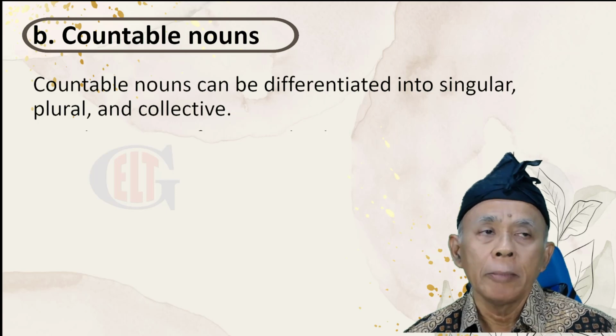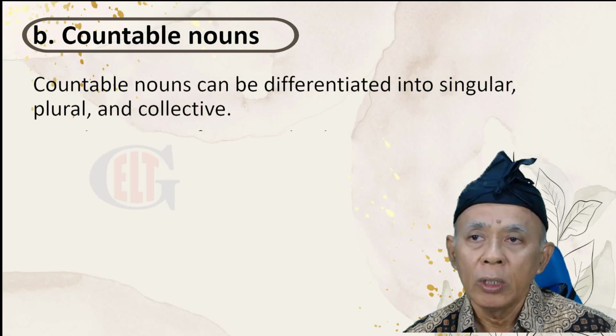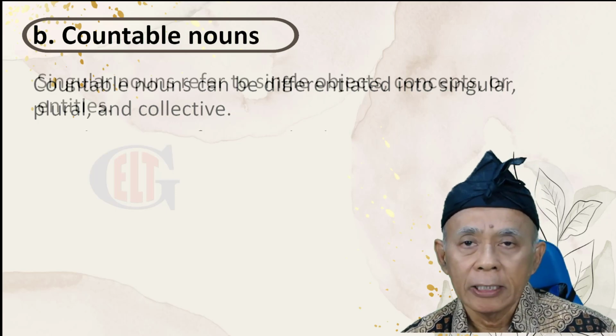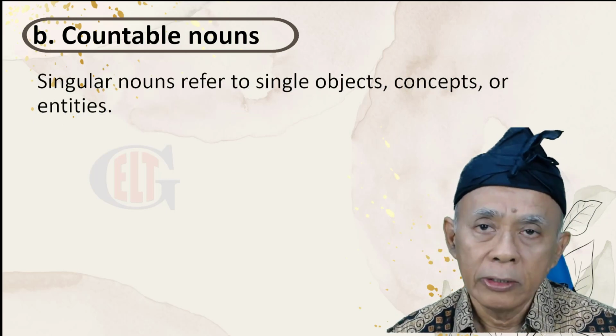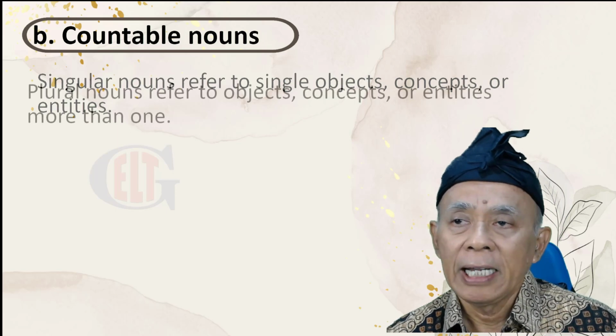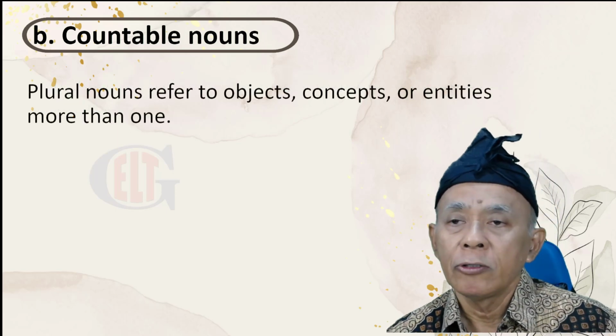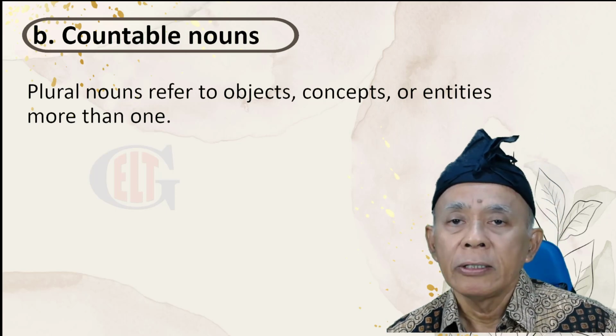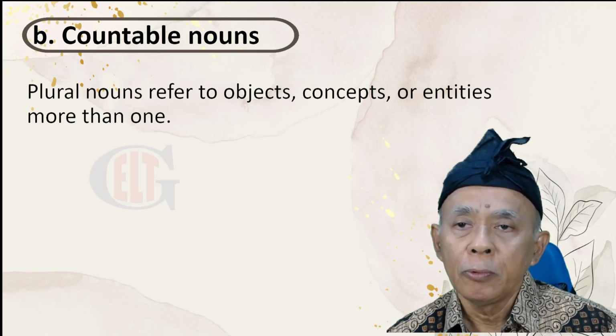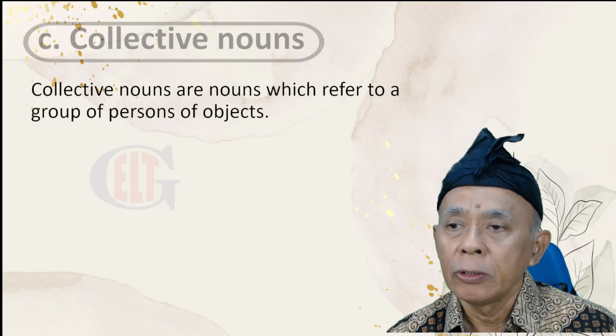Countable nouns can be differentiated into singular, plural, and collective. A singular noun refers to a single object, a single concept, or a single entity. Plural nouns refer to objects, concepts, or entities more than one. So we can say 2 books, 3 books, 4 books, and so on.